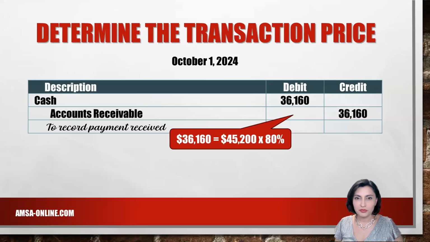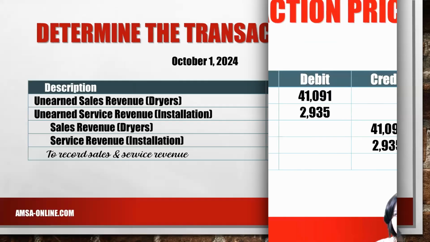We debit cash by $36,160, which is 80% of the total contract price of $45,200. Accounts receivable is credited by $36,160. At this point, the balance in accounts receivable for the contract is zero.